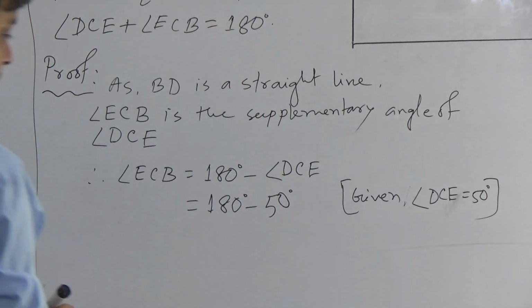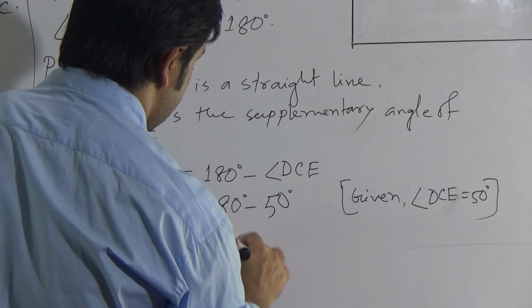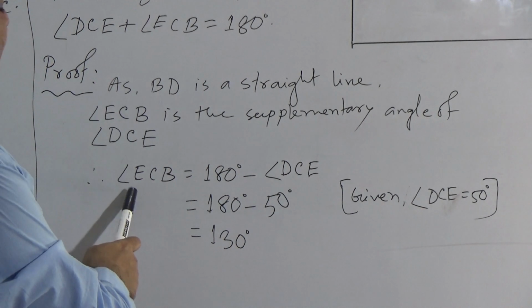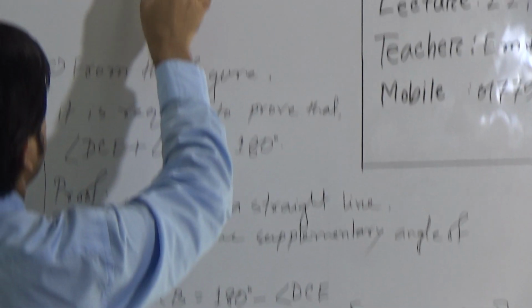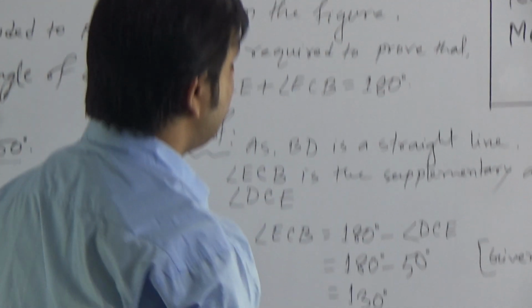This is given. So if we subtract, we will get here 130 degree. It means that this angle ECB is 130 degree.